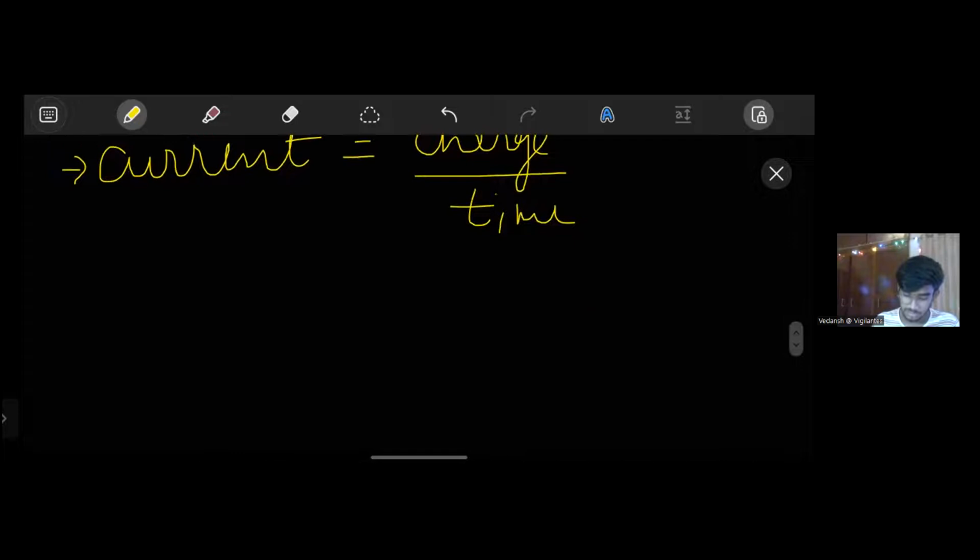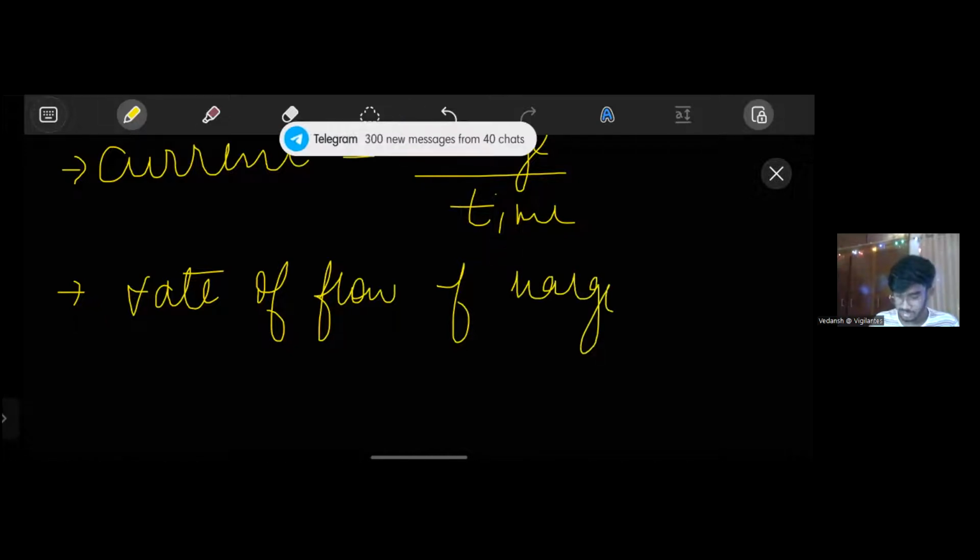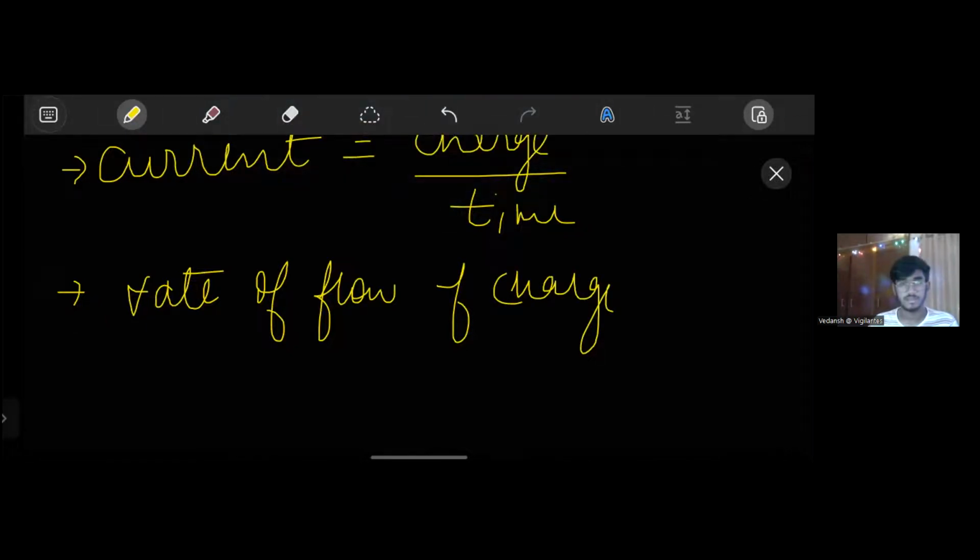We can actually define current as the rate of flow of charge. The rate of flow of charge across a cross section.